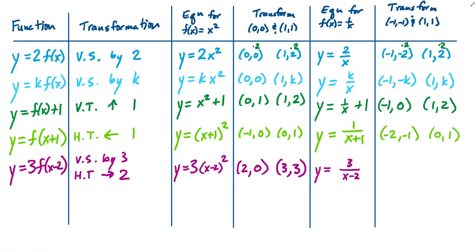So if you were to see y equals 3 over x minus 2, you should look at that and be able to see, okay, well, the x was replaced with an x minus 2. So I have an f of x minus 2. And that would be a reciprocal function, like that, except there's also this 3 here.